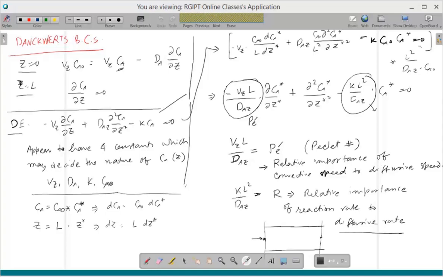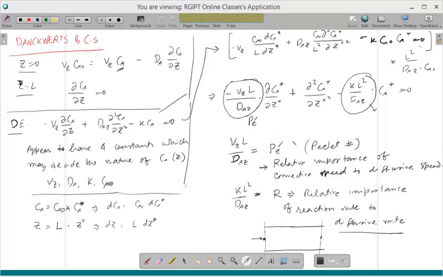What those effects are comes out from the expression given for those numbers. Here, for example, the Peclet number is the relative importance of convective speed to diffusive speed: how fast things are transported by convection versus how fast they diffuse away.